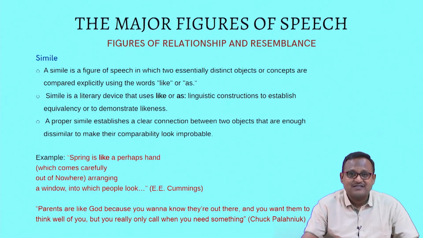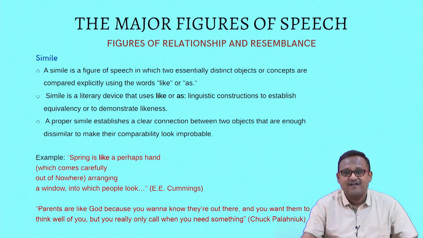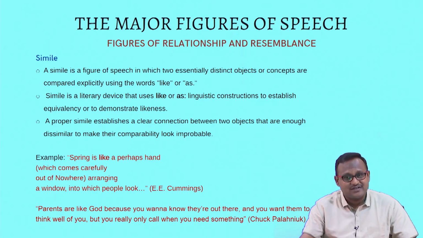From the sound devices, let us move on to figures of speech that concern themselves with relationships and resemblances. We are moving on to a different segment of figures of speech, and as I said, these are also rhetorical devices. There is a lot of overlapping between them.